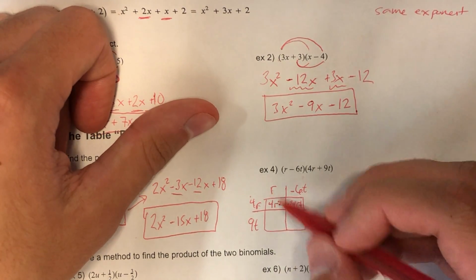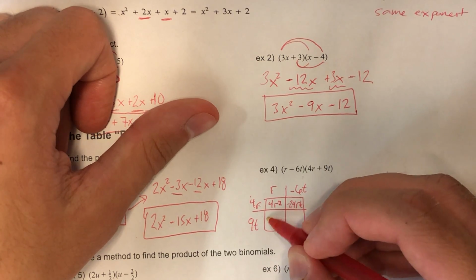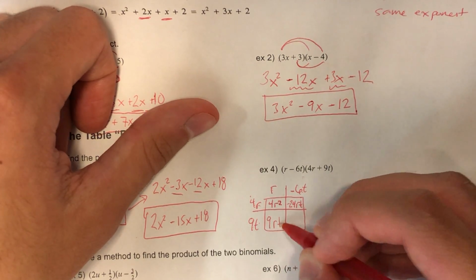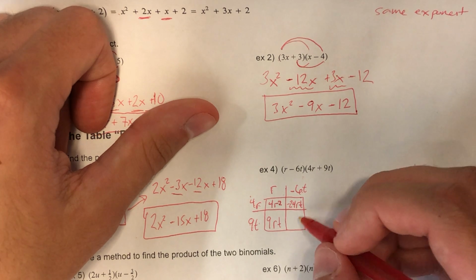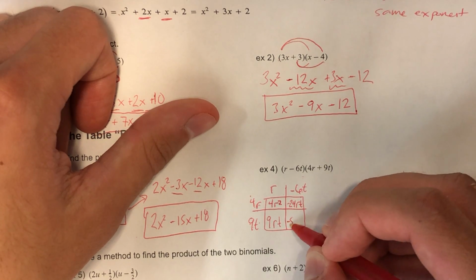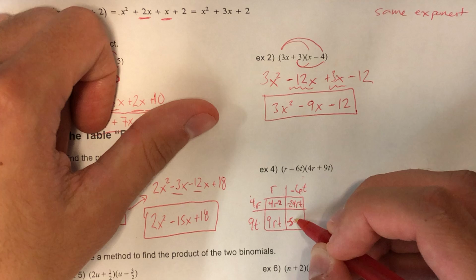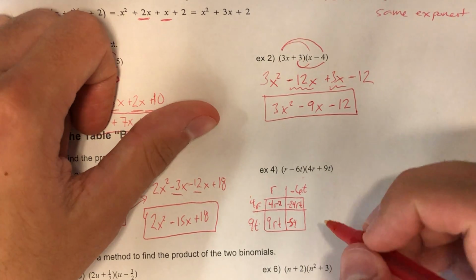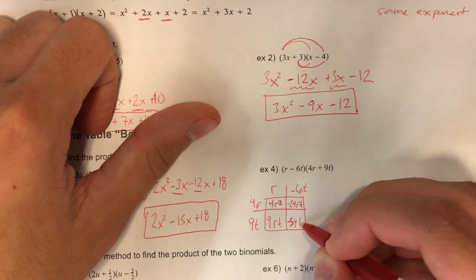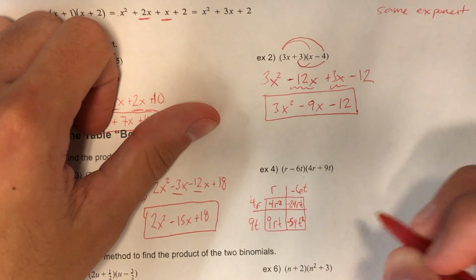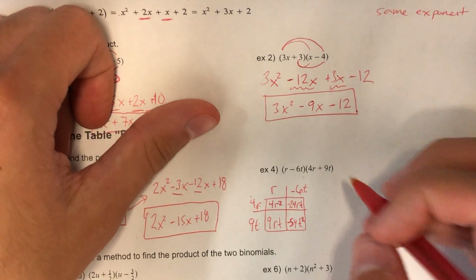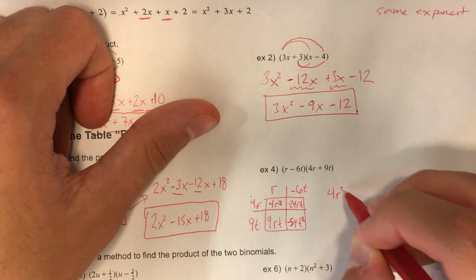Then we have r times 9t. So 9 times 1 is 9. R times t is rt. Negative 6 times 9 is negative 54. And t times t is t squared. From there, as before, just pull everything out.